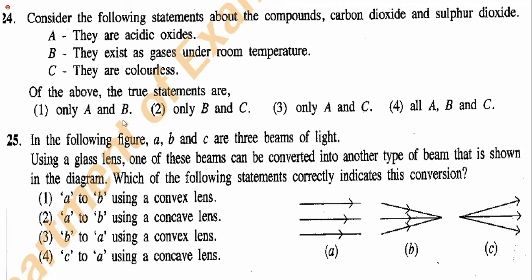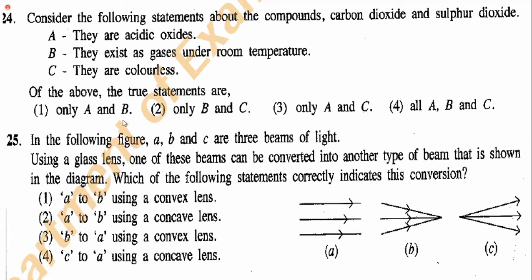One of these beams can be converted into another type of beam that is shown in the diagram. Which of the following statements correctly indicates this conversion? There are three sets of rays, A, B, C. Using a lens, one set can be converted into another, like A to B or B to C.